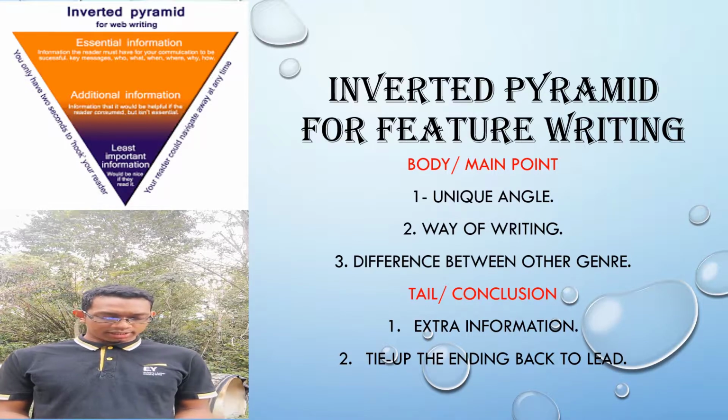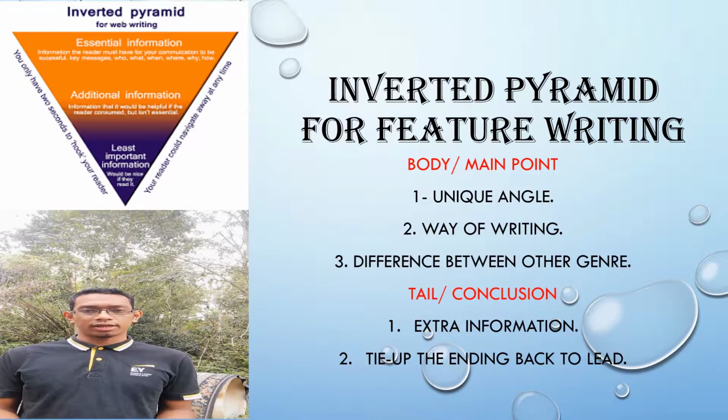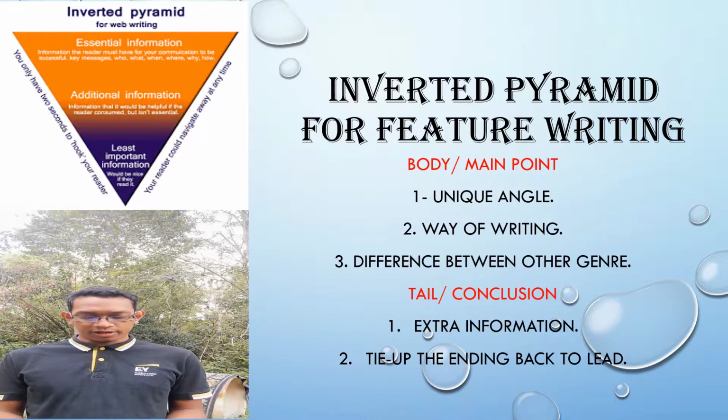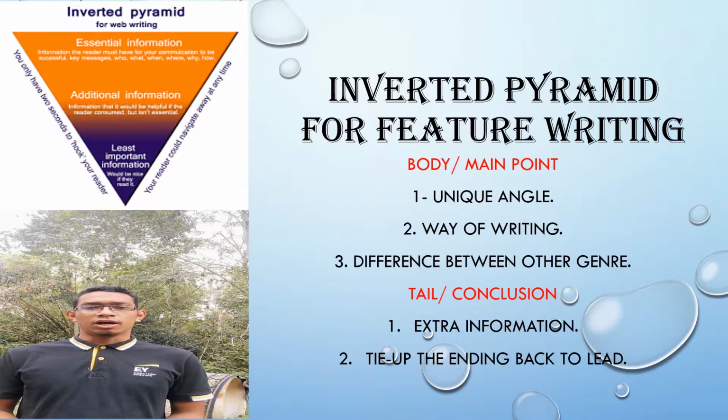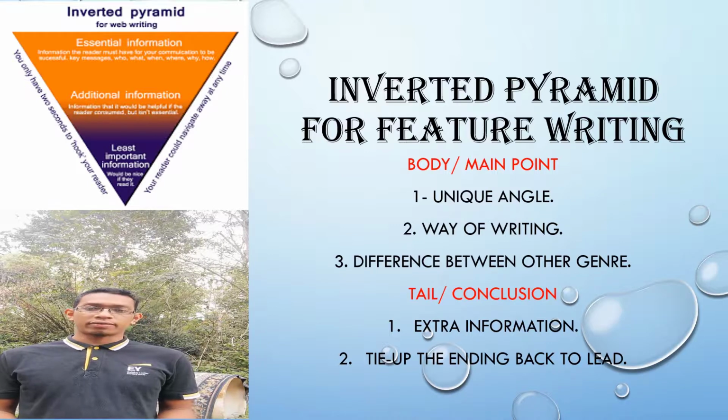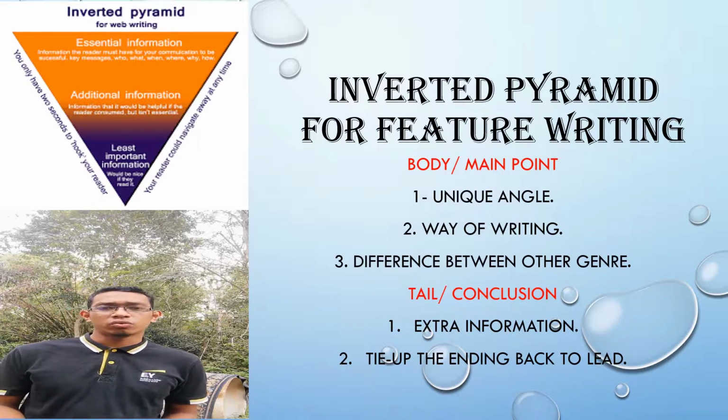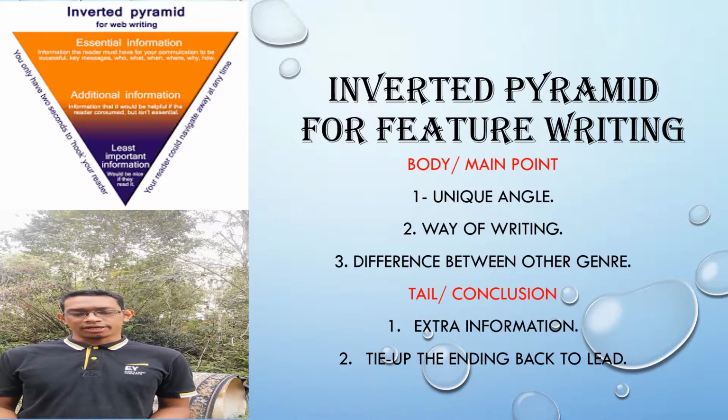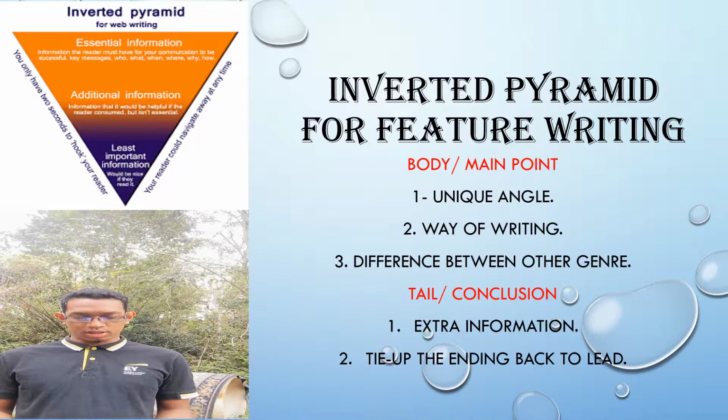Second, third, the difference between the other genres. Before we write feature writing, we must choose the type of genre that we want to write. For example, our feature writing is Ramai Lupa Vitamin D.